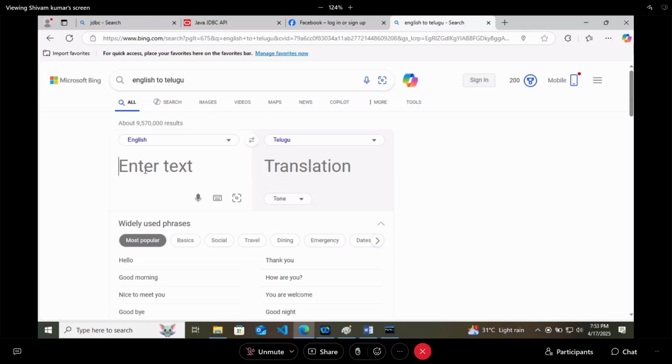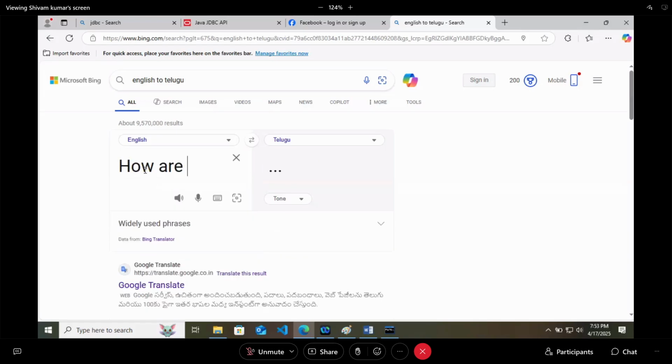Now I will type one message here and it will be translated into Telugu, right? So what is this? A communication interface where two different persons, two different technologies, two different programming languages will communicate with each other.